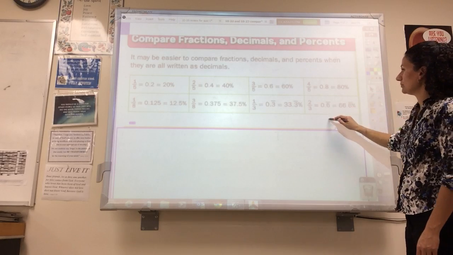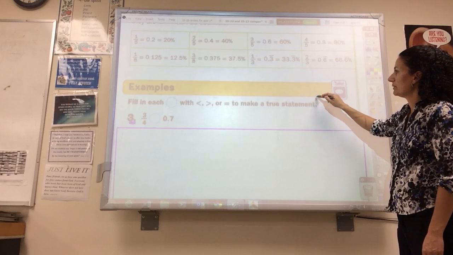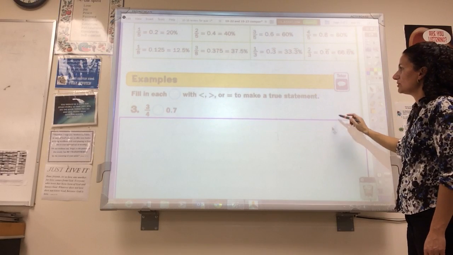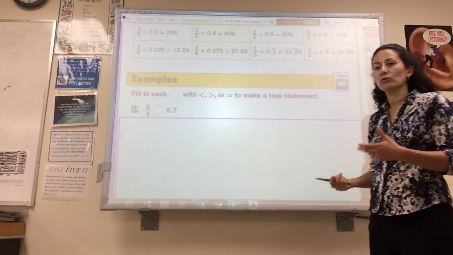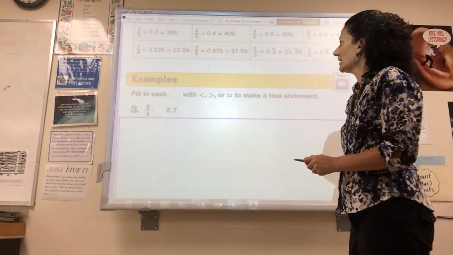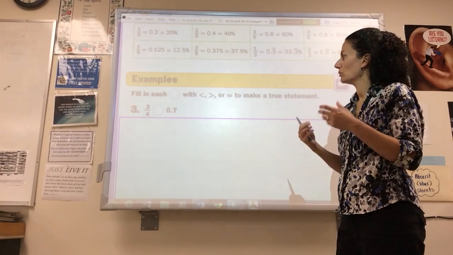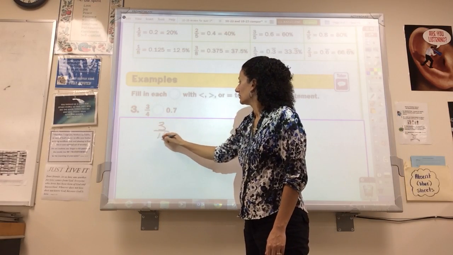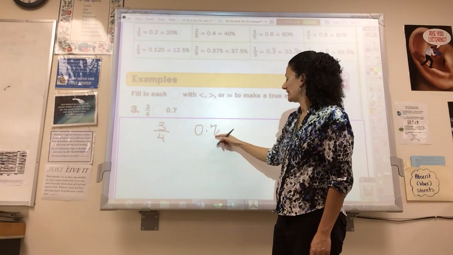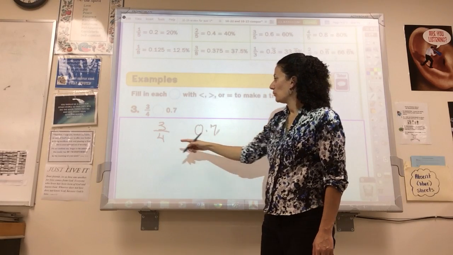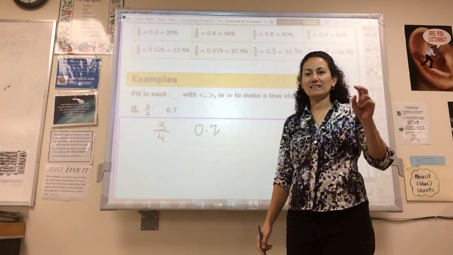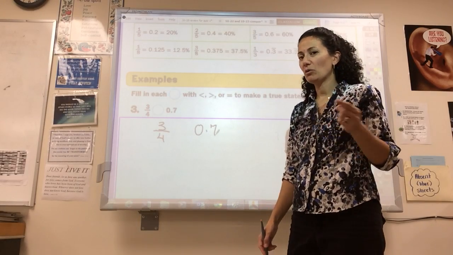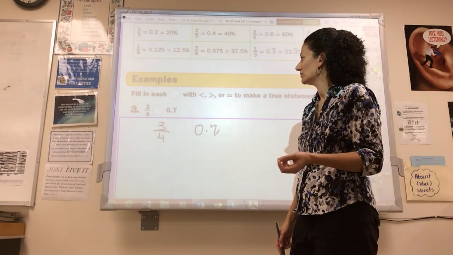So what we need to be able to do is compare a fraction, a decimal, and a percent, using this strategy of changing them both to decimals, whether they're easy fractions or whatever. Here we have 3/4 and 0.7. Well, 0.7 is already in decimal form, and 3/4, that's an easy one. You probably know what 3/4 looks like as a decimal.